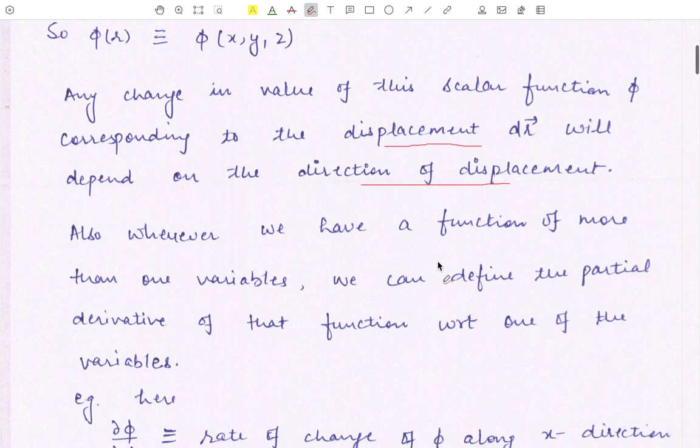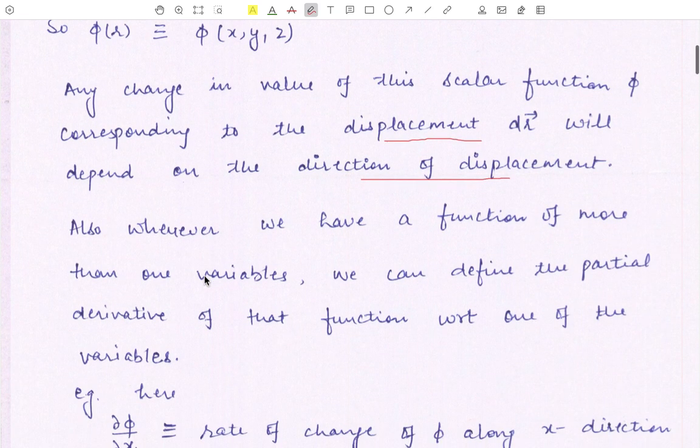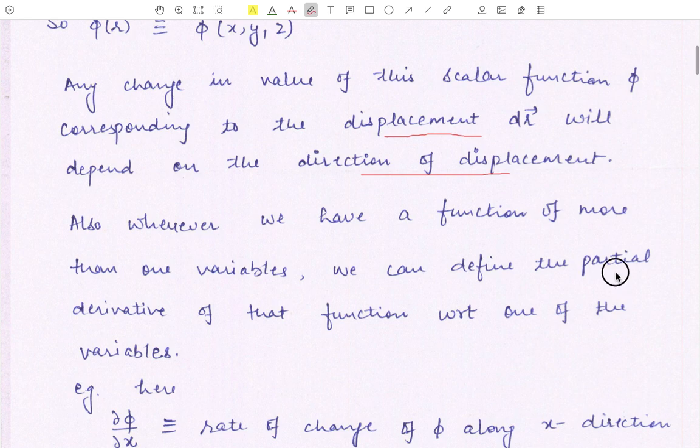Also, whenever we have a function of more than one variable, for example here we have phi, a function of three variables x, y, z, we can define the partial derivative of that function with respect to one of these variables.